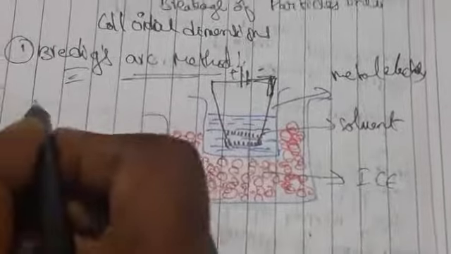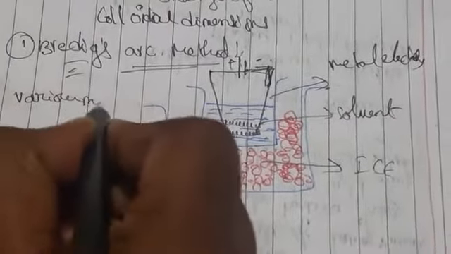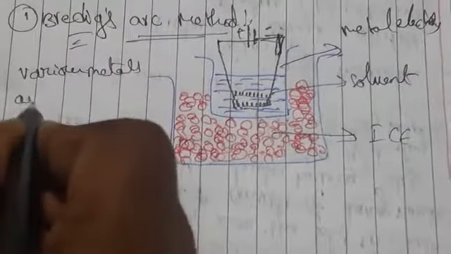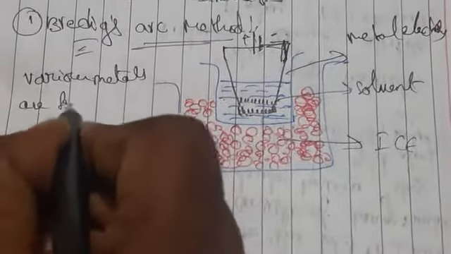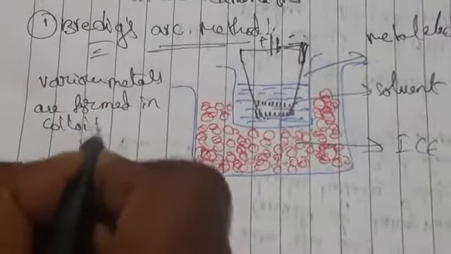The main objective of Bredig's arc method is that various metals are formed into colloidal solutions.